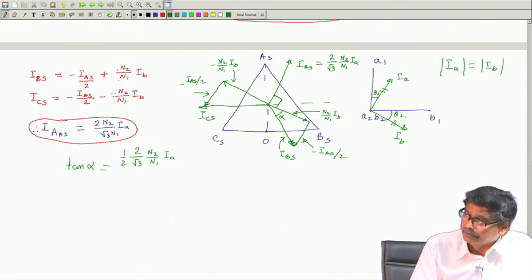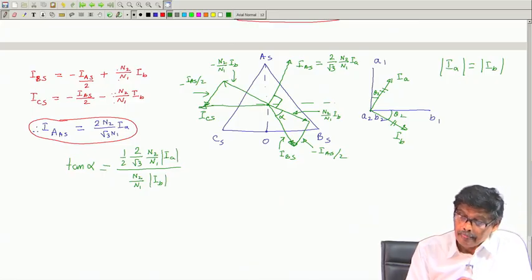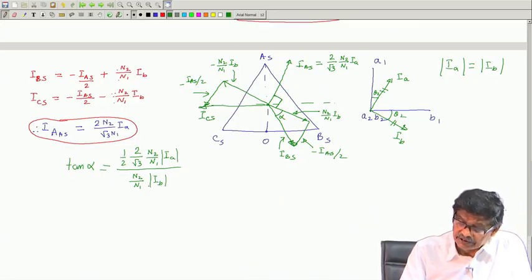This length, no negative sign, just from the right angle triangles, this divided by this one, and that is equal to N 2 by N 1 into IB, the magnitudes. IB magnitudes are same.